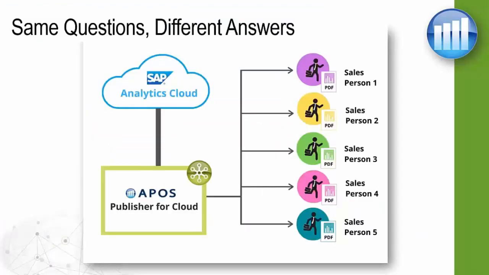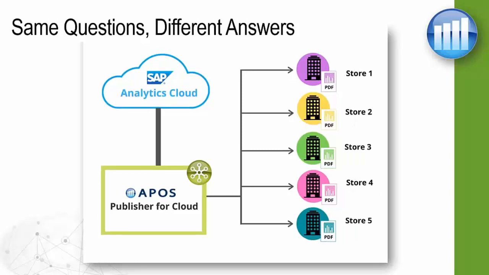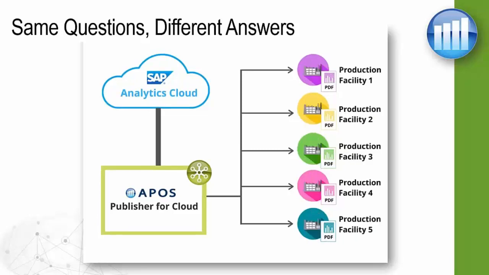So same questions, different answers. That applies very much for sales personnel. Often it's a fit for store locations, but could also be a scenario of production facilities and having individual needs within those production facilities. So that really is the essence of what Publisher for Cloud is providing, and we'll look at a number of different iterations of that today.